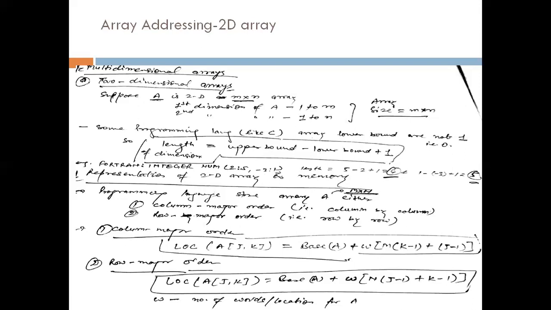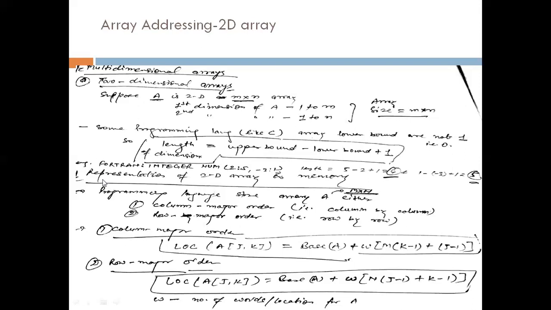So the length of the first dimension is upper bound 5 minus lower bound 2 plus 1, that is 4. Similarly, the length of the second dimension is upper bound 1 minus lower bound minus 3, plus 1, and that is 5. So by this simple formula, you can calculate the length of each dimension.